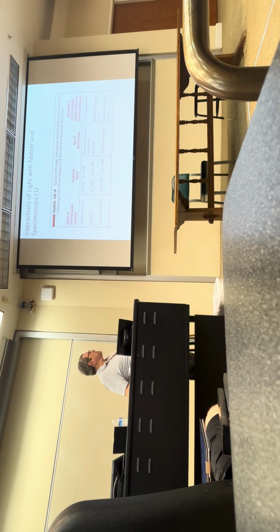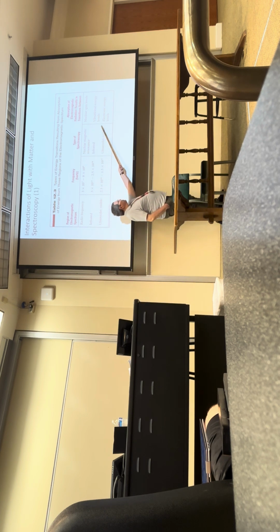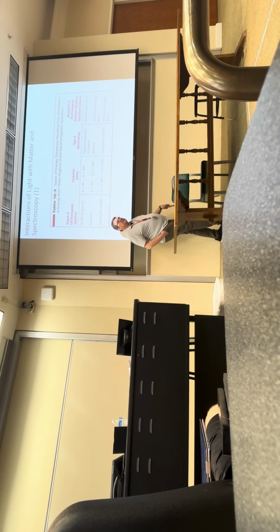So again, this is giving you a summary of what the different spectroscopies are and what type of transitions you look at when you are probing a sample with that particular radiation. And in this chapter we're going to be looking at infrared, and here it's vibrational energies that we're looking at.